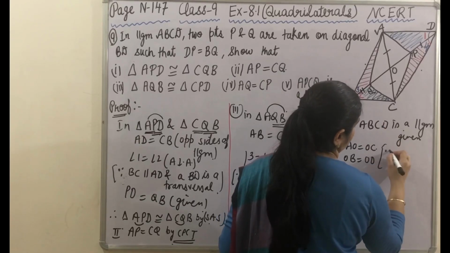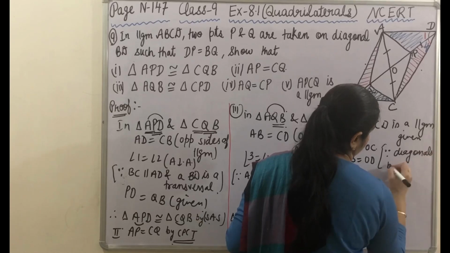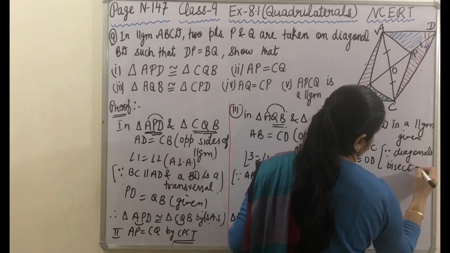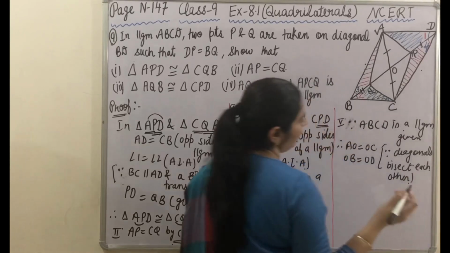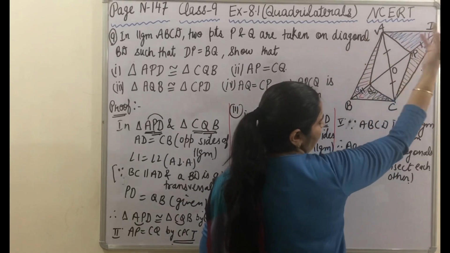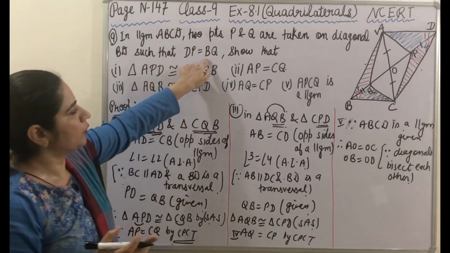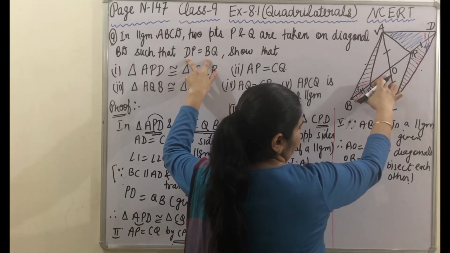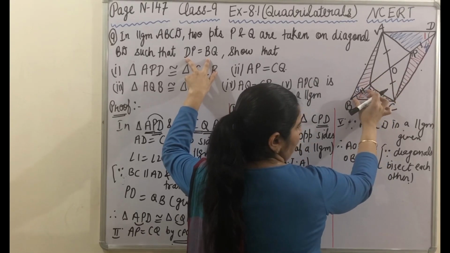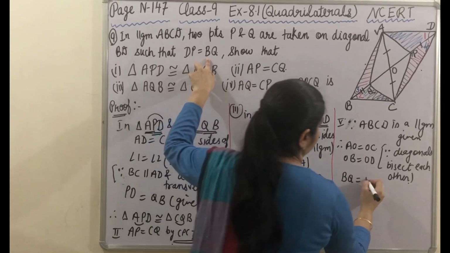Reason is because diagonals bisect each other. Properties you have to recall: diagonals of a parallelogram bisect each other. But it is already given here DP is equal to BQ. So we will write here, we have taken OB, so we will take BQ on this side. It is given BQ is equal to DP.